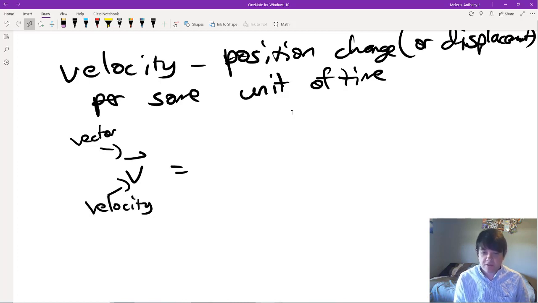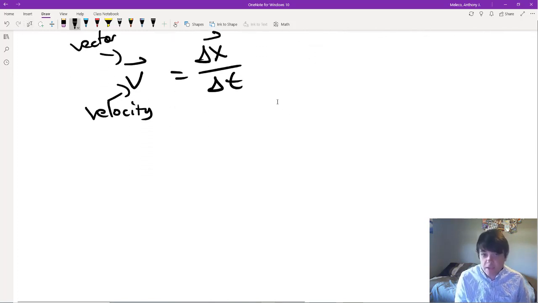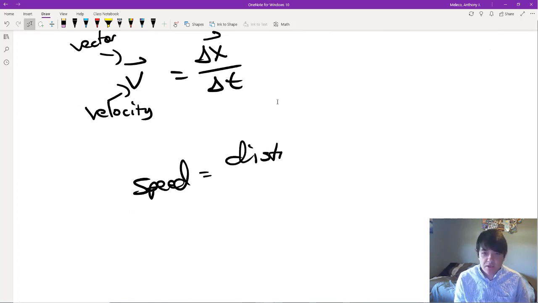But we've got velocity right here equals the change in position or displacement per time. Speed is related to velocity. Speed is the change in distance per change in time.